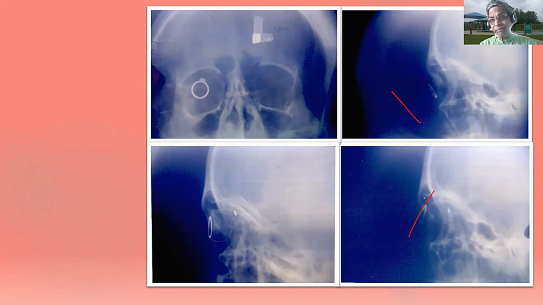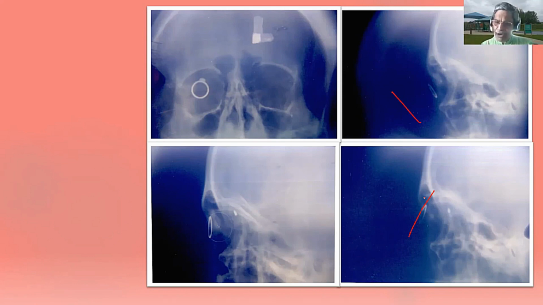This way you can tell in exams. Sir, I will take the lateral view, find out the problems, and ask him to look up and down. I take two views and see whether the movement of the foreign body is with the eyeball or not. If the eyeball moves up, the foreign body also moves up. If the eyeball moves down, the foreign body also moves down.